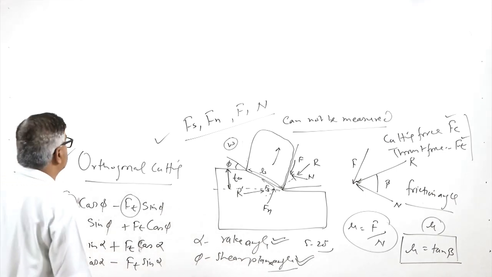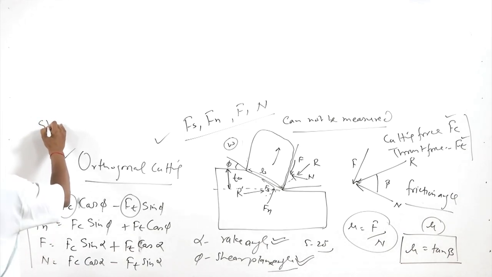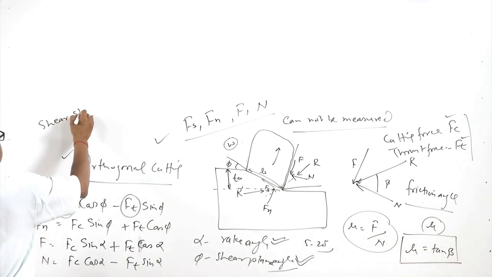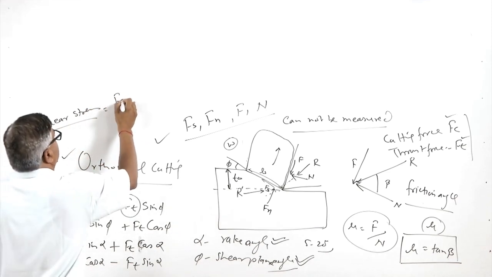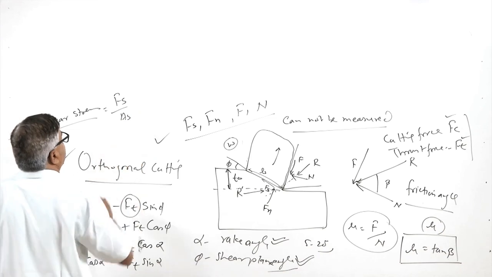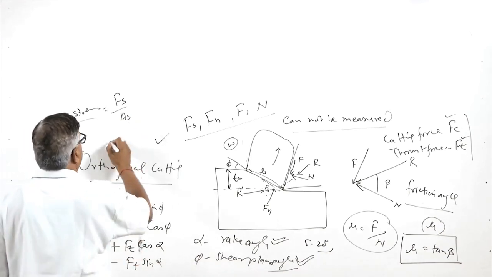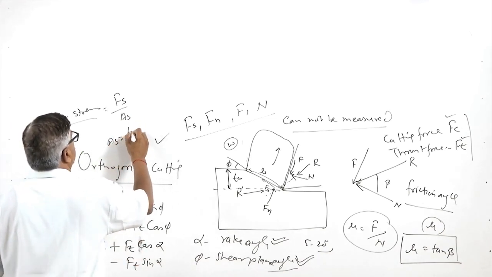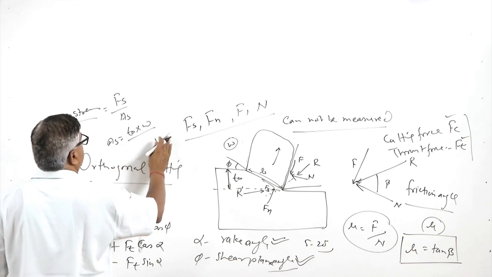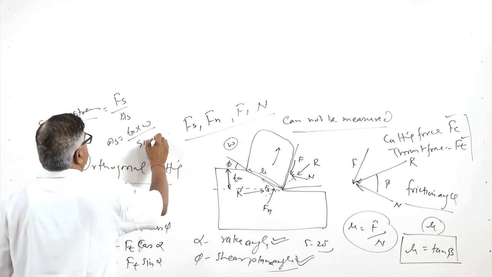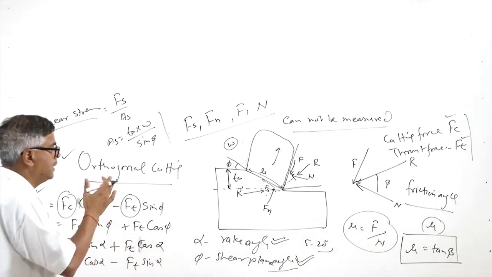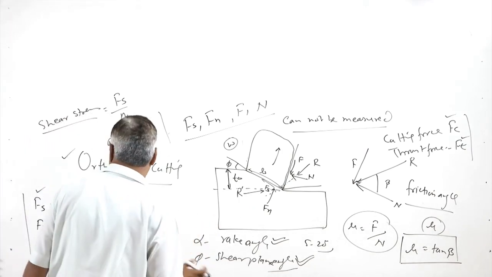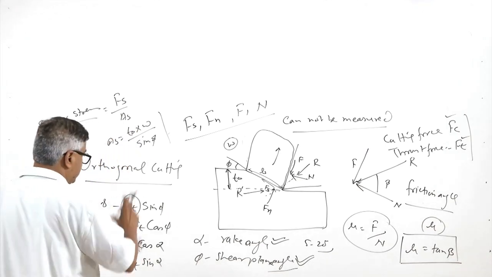Using these equations further we can calculate the shear stress acting on the shear plane, because we have already seen that Fs divided by As will be giving us the shear stress, where As is equal to t0 into w, that is width of cut, divided by sin phi. Phi can be calculated using the alpha value and the uncut chip thickness and the cut chip thickness.